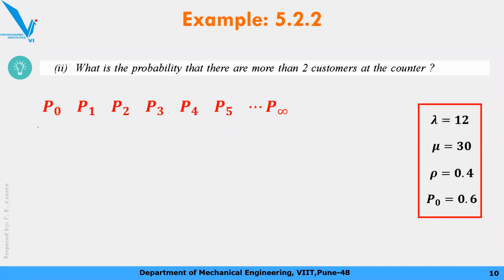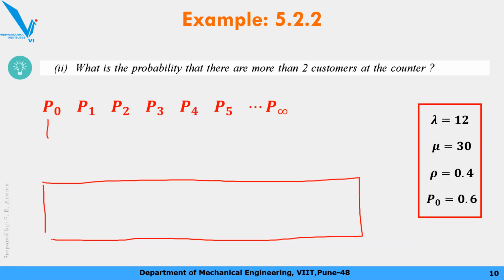Now see, P0 means this is your movie theatre counter, where the person is sitting at the ticket counter, with no customer. P1 means exactly one customer in the system. P2 means one customer is getting a ticket and one more customer is waiting, two customers in the system.